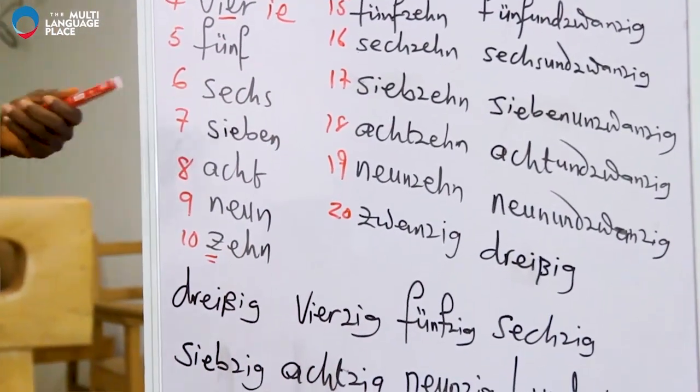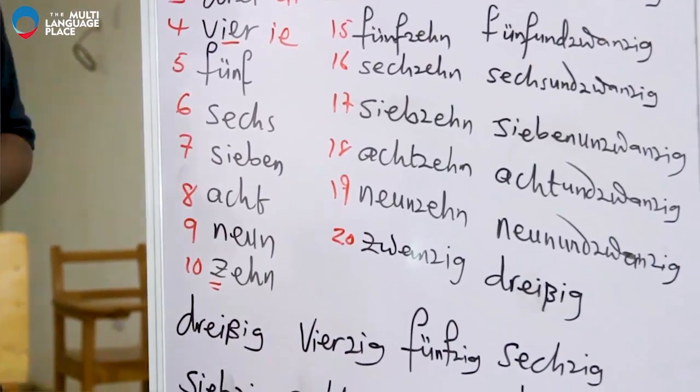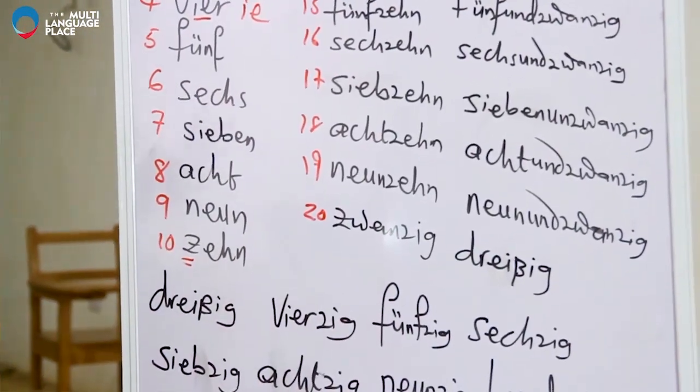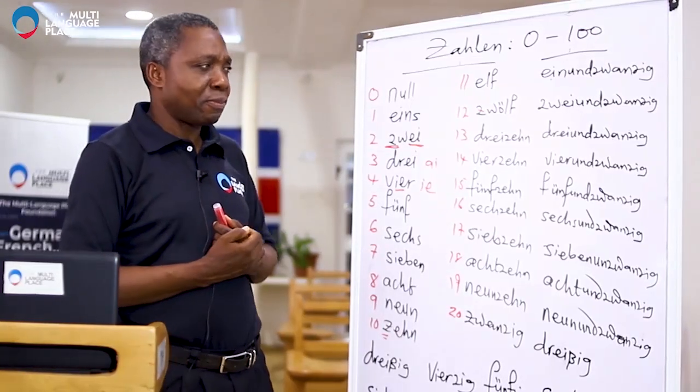So we have been able to do it from 1 to 20, and I expect you to go through the video so that you'll be able to pronounce them very well.